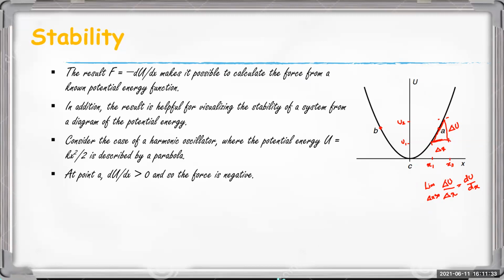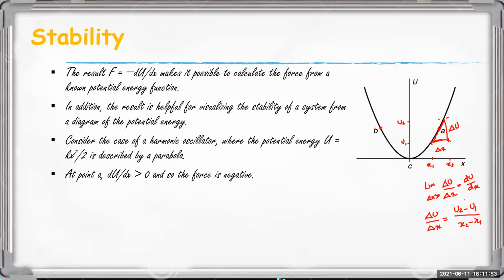Then here we find delta u by delta x is equal to u2 minus u1 divided by x2 minus x1.